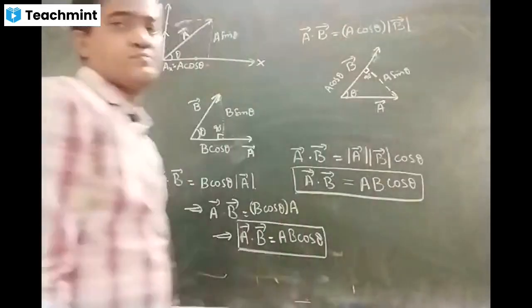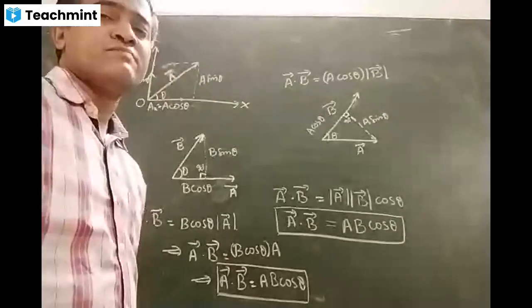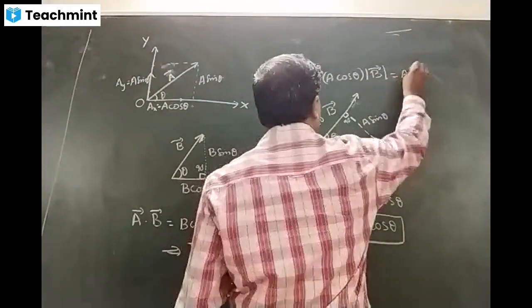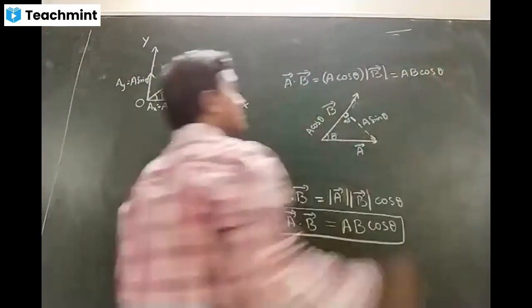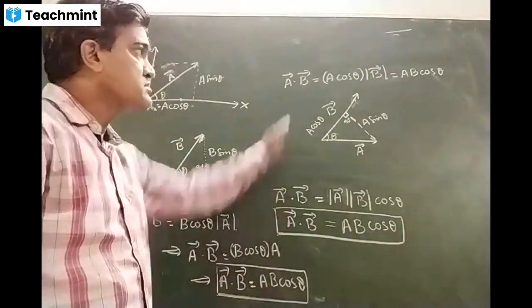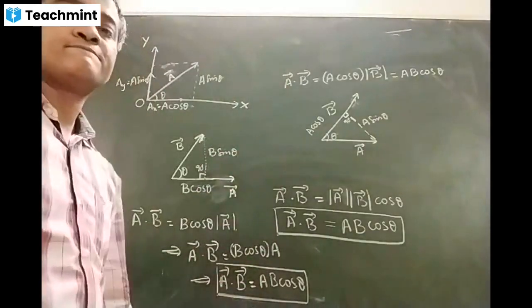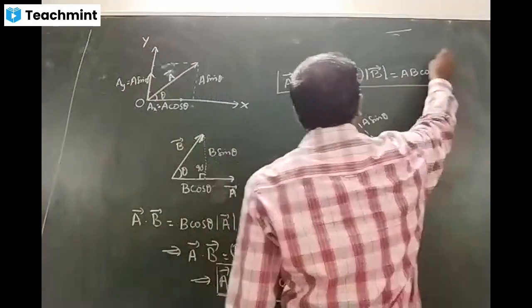Now what final result will I get? Am I getting the same thing, AB cos theta? Now, did I get the same result in both cases? Yes, sir. I got the same result.